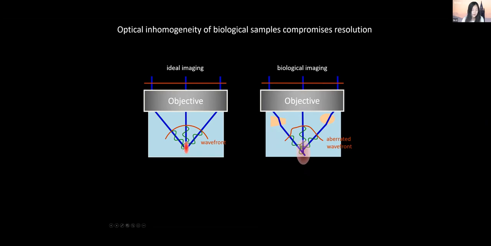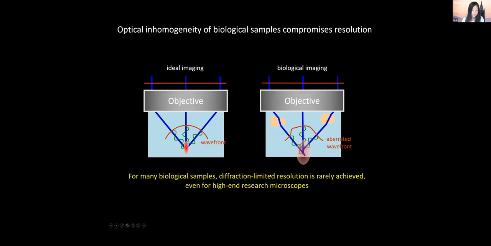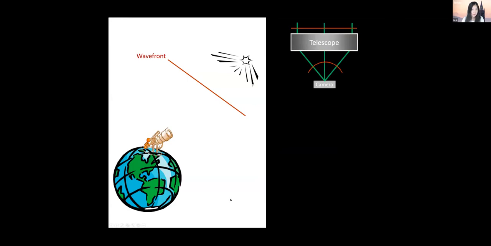As a result, instead of a very tight and bright focus, now we will have an excitation focus with reduced focal intensity and enlarged focal volume. And this is really a problem for most biological samples, especially in vivo, because it's really just impossible to achieve this kind of diffraction limited performance, limited by the samples themselves.